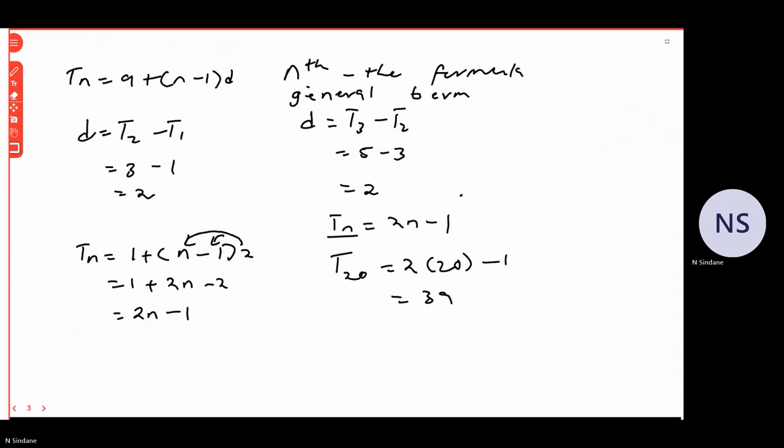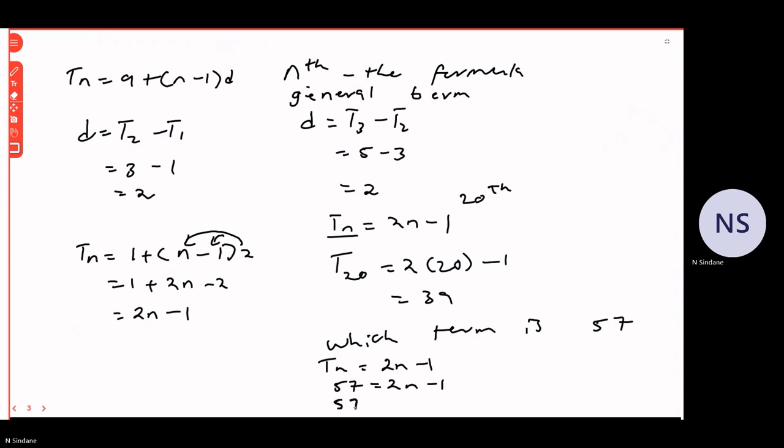The next question is to calculate which term is 57. Now they want the position. They want the value of n. Right? So in this case, you'll say Tn is equal to 2n minus 1. And then 57 is equal to 2n minus 1. And then 57 plus 1 is equal to 2n.